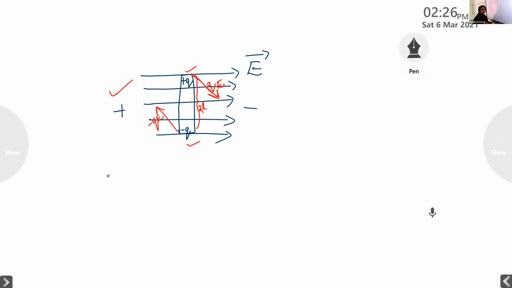So this rotation effect of the electric dipole due to the forces by the charges present in the electric dipole is known as torque.